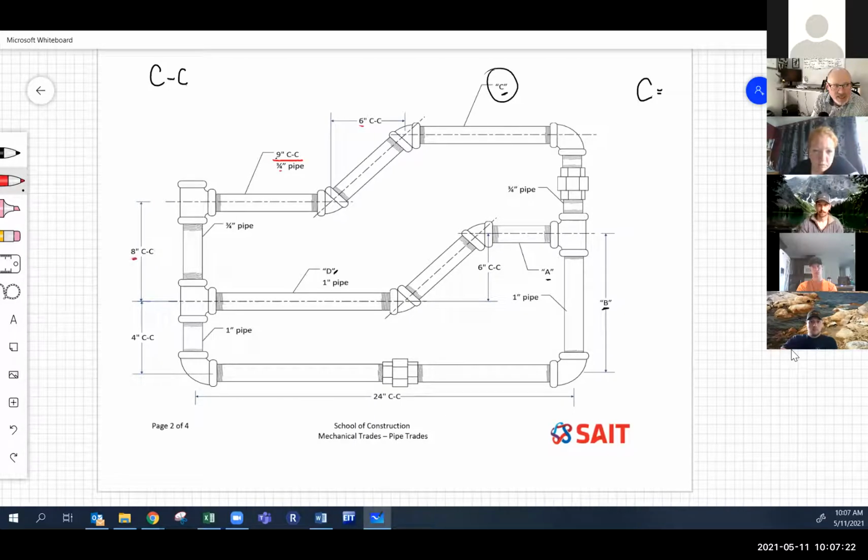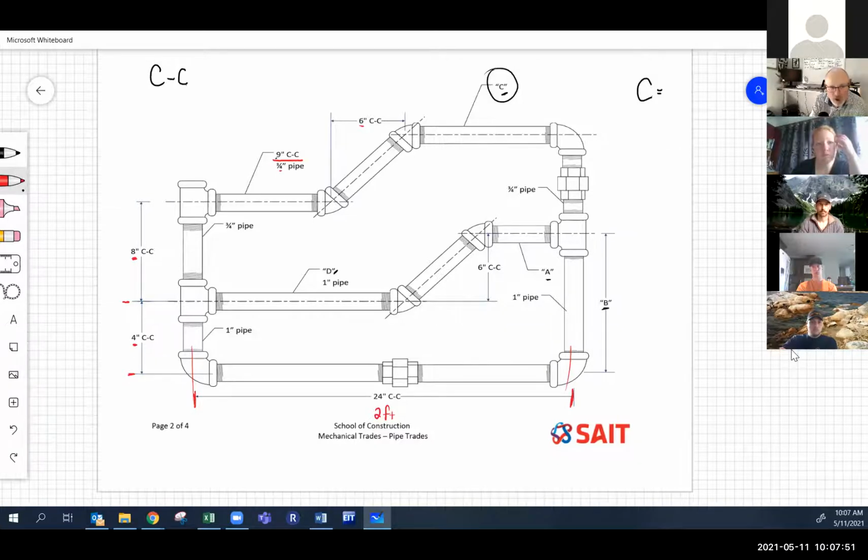This is 8 inches in here, 4 inches center to center in here, and that is center between the T and the 90, center to center. Center to center down at the bottom, the whole project. Center to center is 2 feet. Yes, that's center of the 90 to center of the 90, 2 feet.